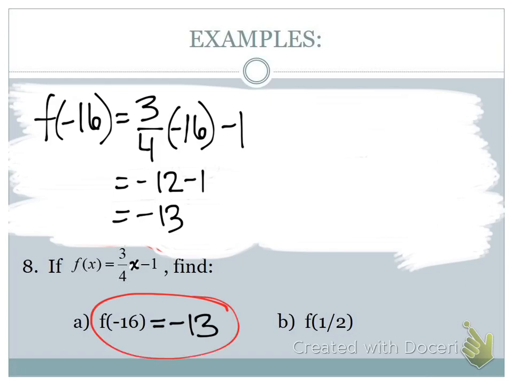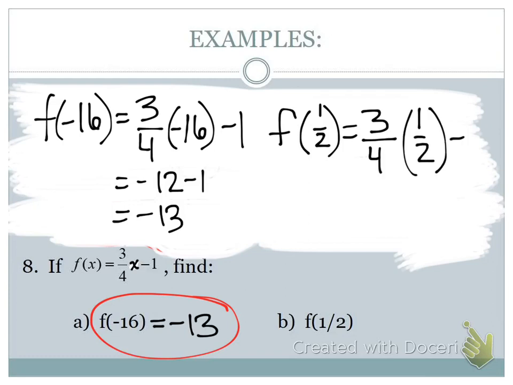Next, we're going to evaluate the function at 1/2. So the function evaluated at 1/2, I take 3/4 times 1/2 and then subtract 1. What is 3/4 times 1/2?